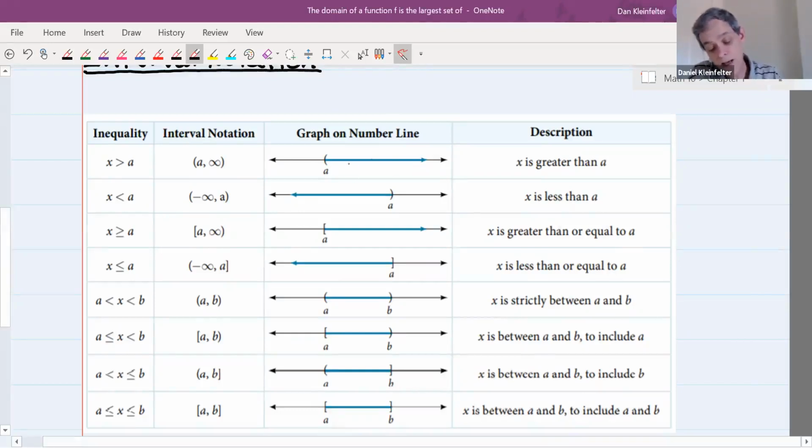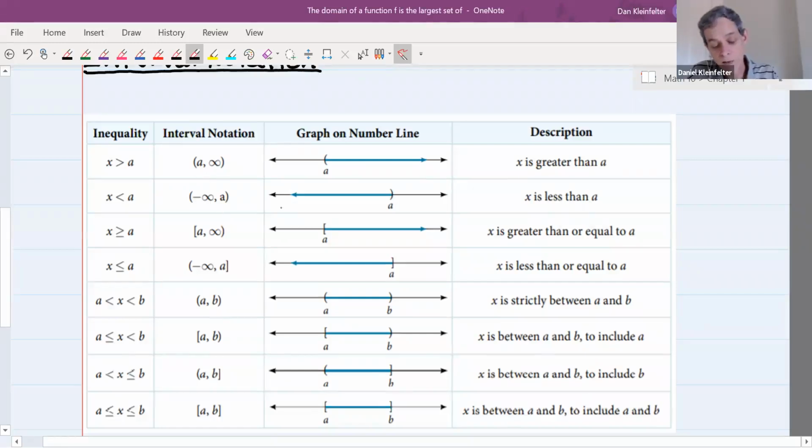If you think about how you might describe, let's take this first one, a, would you describe this over the phone to somebody? You'd say, okay, well, it's a little blue line that starts at a and goes off to the right forever. It goes up towards positive infinity, right? That's what it says here in parentheses. It starts at a and goes up towards positive infinity.